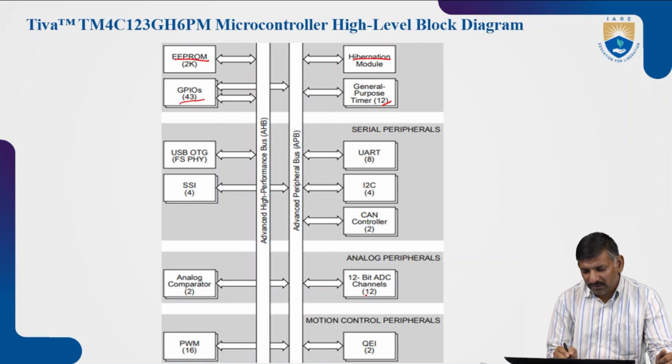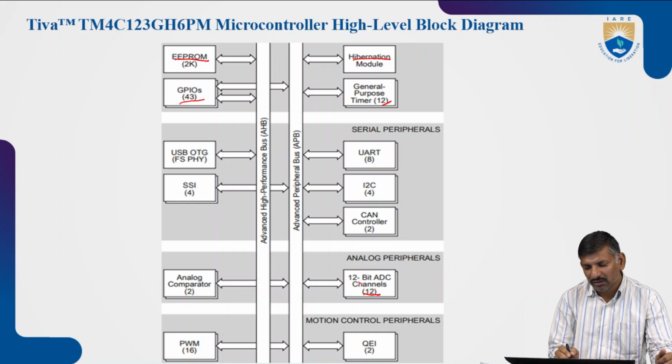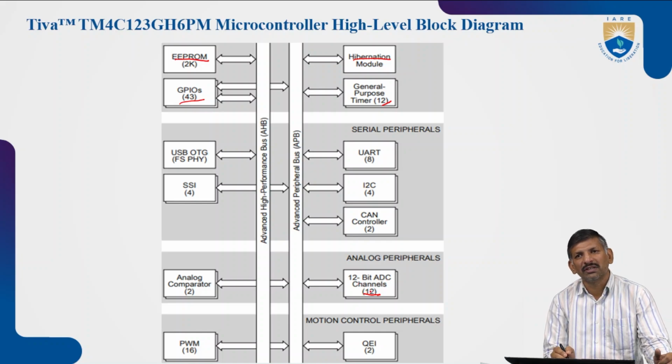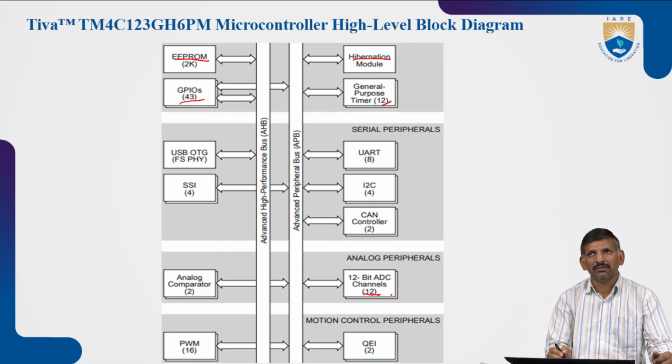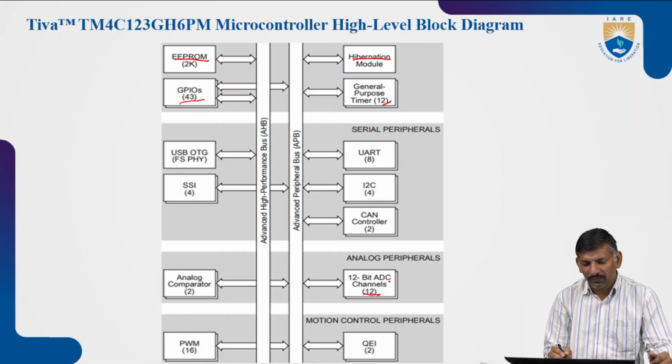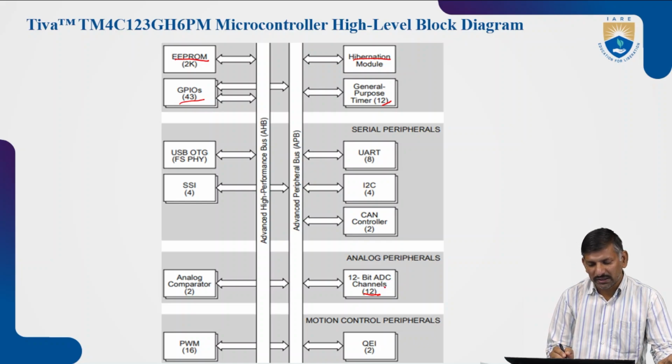Next, it contains 12-bit ADC, bus width is 12-bit. Okay, analog to digital converter channels.